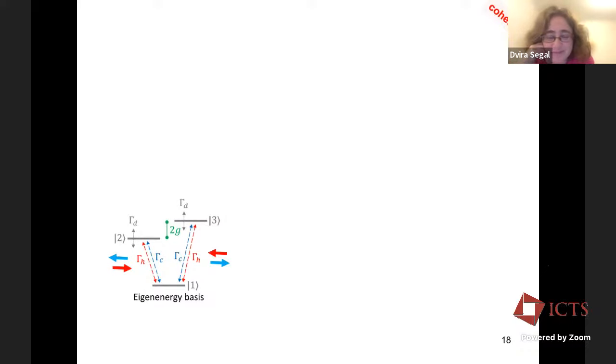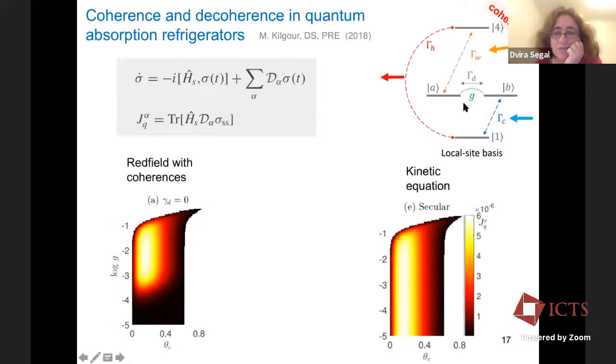Okay, and so I think this effect does not happen in the local basis, in the charge state basis. So yeah, the simulations were done in the energy basis. In the local basis, I'm trying to remember, we did perform those simulations.